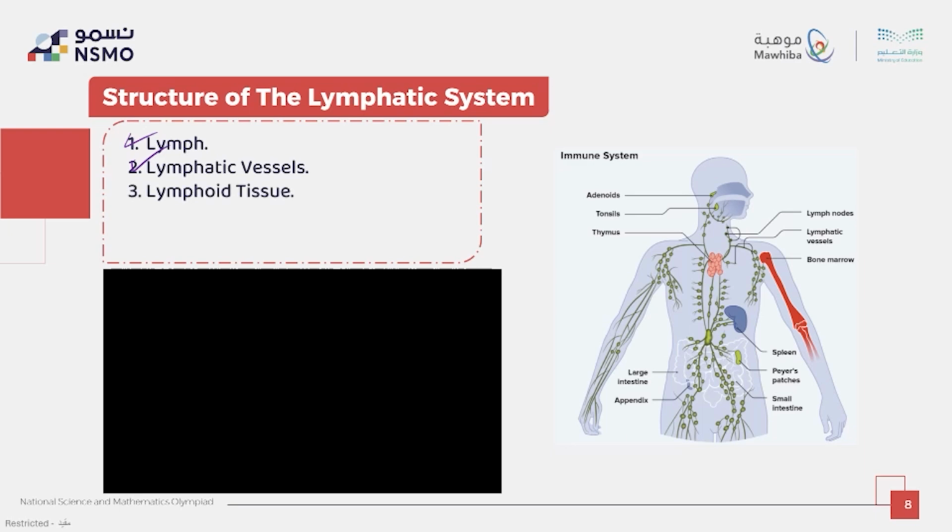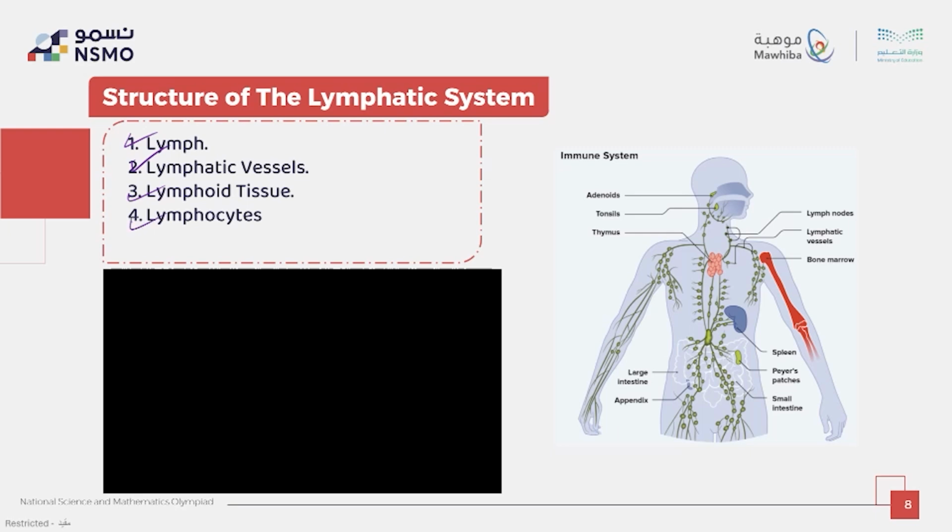Move on to lymphoid tissue. It consists of immune cells grouped in certain areas to support the defense system. Okay, and lymphocytes, these are the main immune soldiers that detect and attack pathogens.